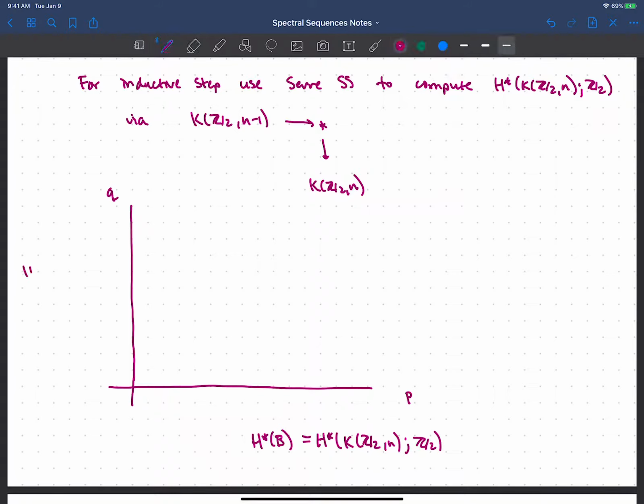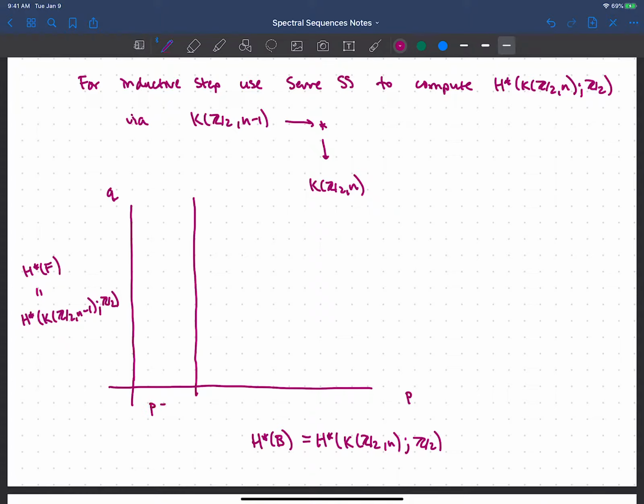Okay, and then up here I'll have the cohomology of the fiber. So that's the thing I'm assuming that I know. K(Z mod 2, n minus 1) in mod 2 coefficients. Getting crowded here. Okay, this is going to take up a lot of space, so let me give myself a pretty big grid here.